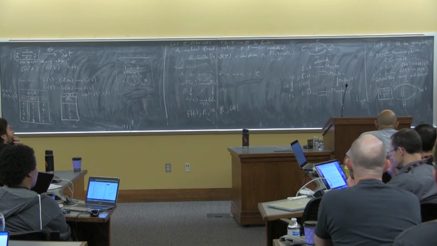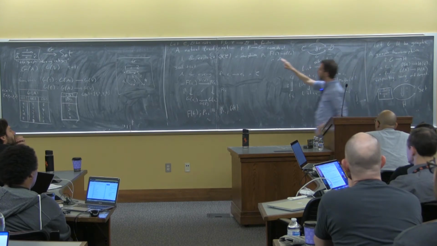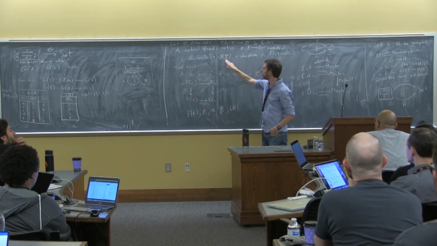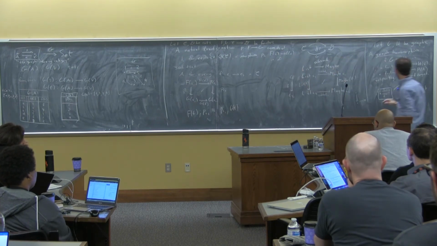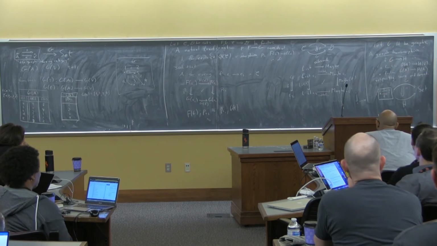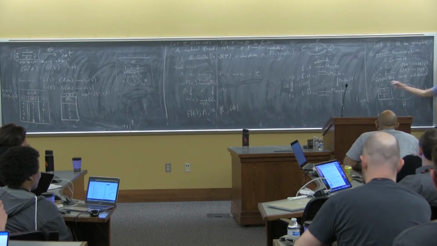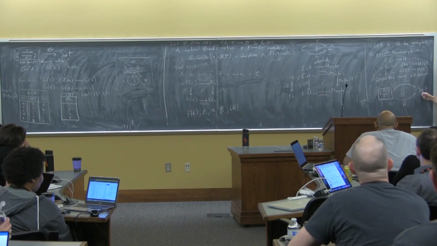So the answer, well, let's see. First of all, a natural transformation needs to give, for every object in C, a morphism in D from F to G. So F has become G and G has become H in this thing. For every object in C, we're supposed to give a morphism in Set.